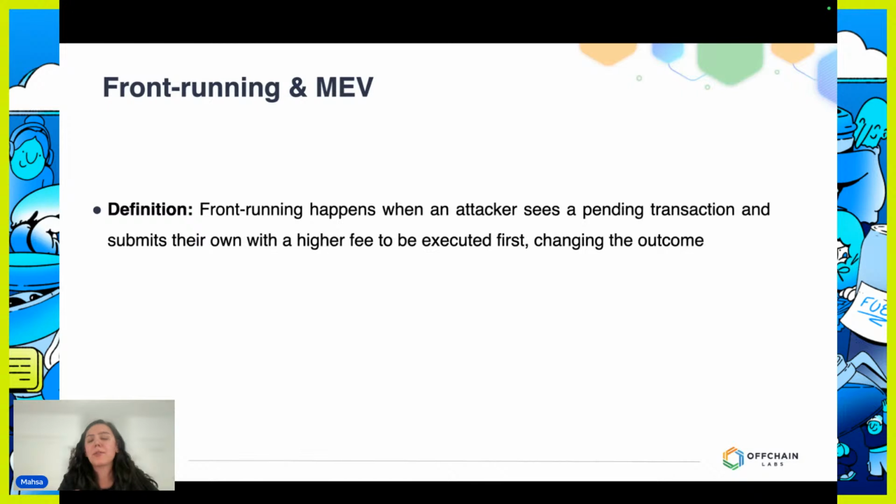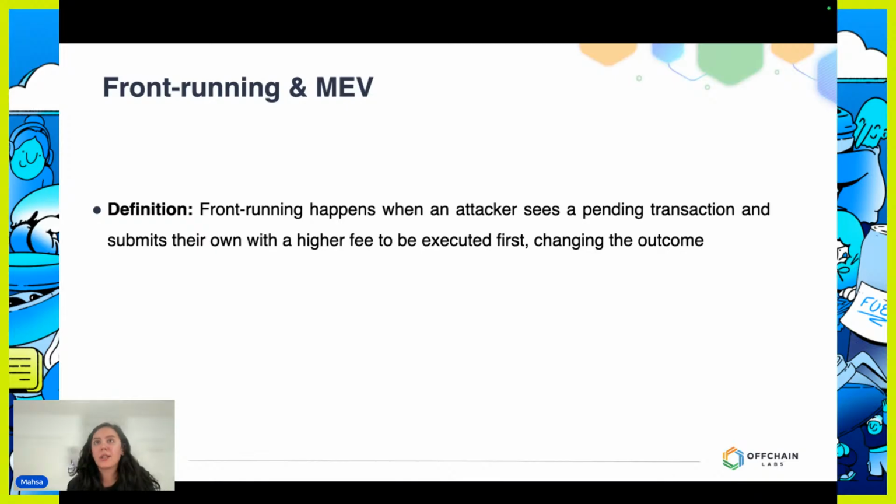When everything is public on a blockchain, as we all know, when a transaction goes to the mempool, when you hit send transaction to the network, before it gets into a block or gets finalized, it can be seen by anyone. So anyone can see your transaction, and if they're willing to pay a higher gas for their transaction, they're able to front run your transaction.